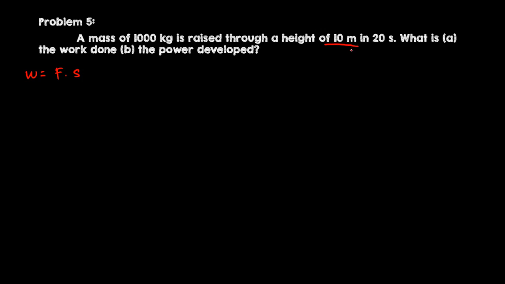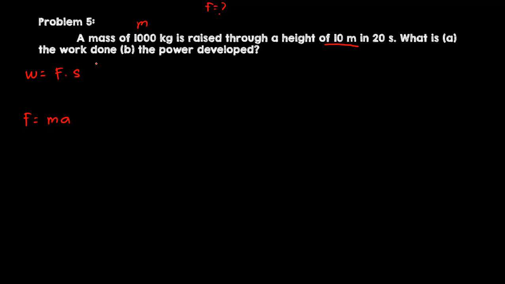Do we have a force? No, but we have a mass. So we need to find F. And F is equal to mass times acceleration. Do we have an acceleration? Do we have a meter per second squared unit?